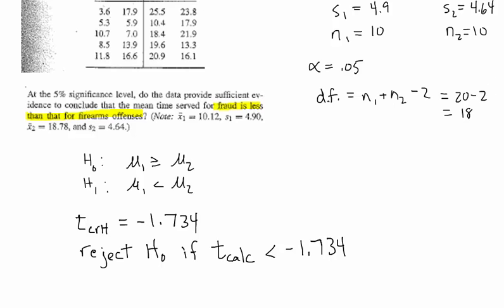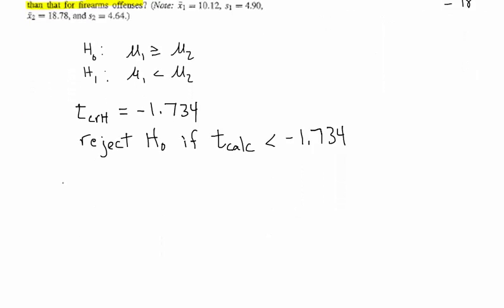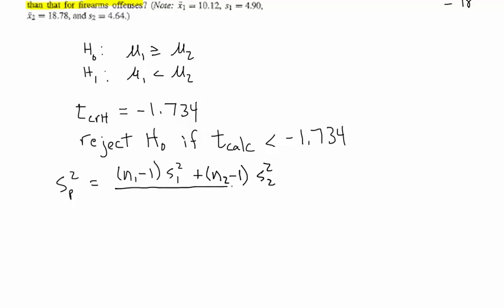And we said at the beginning that we're assuming equal variances. So we're going to need our SP squared before we can find our t-calc. So SP squared is equal to N1 minus 1 times S1 squared plus N2 minus 1 times S2 squared, all divided by N1 plus N2 minus 2.